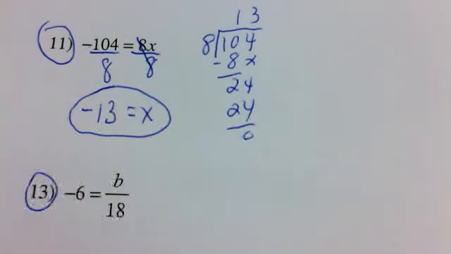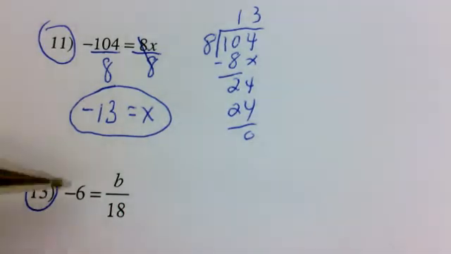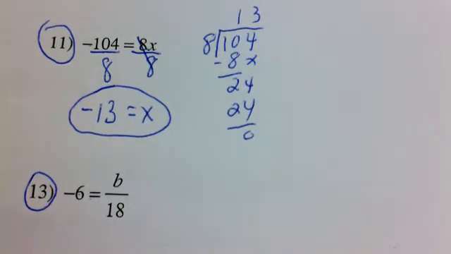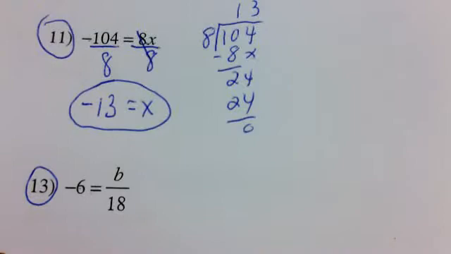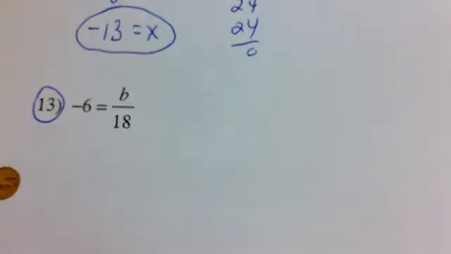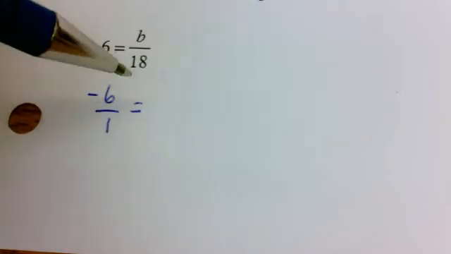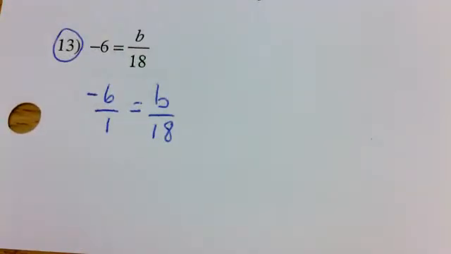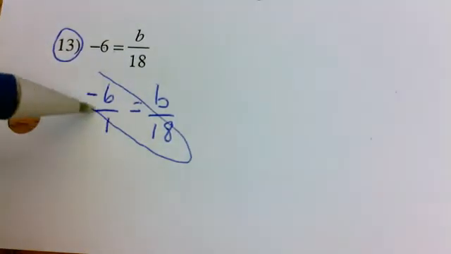Okay, number 13. Here I like to rewrite this equation. If it's set up where it's an integer equals a fraction, I like to set it up as a proportion. A proportion is a fraction equal to a fraction. So I'm going to rewrite this as negative 6 over 1 equals b over 18. A very common way to solve a proportion is to cross multiply.